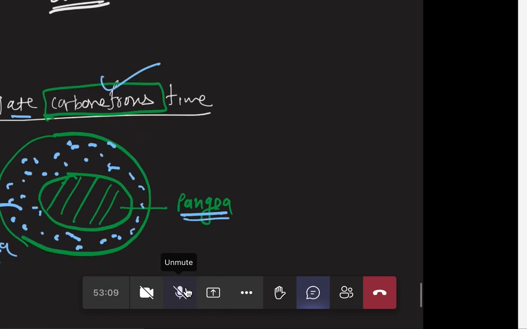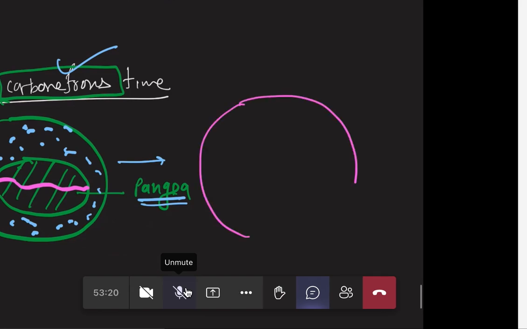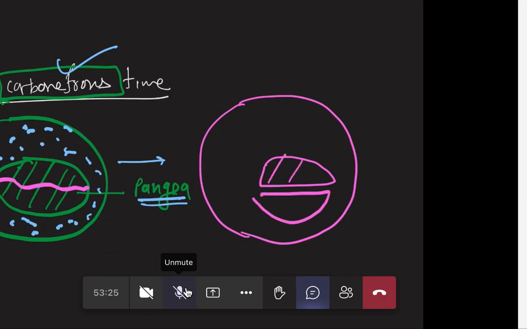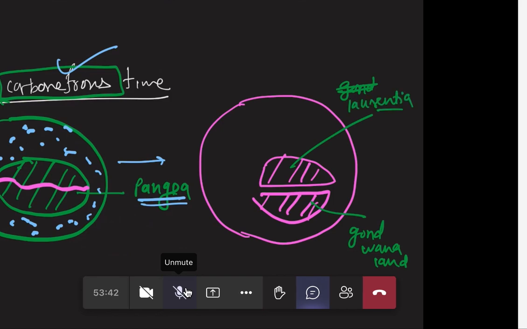Okay, but he says slowly this Pangaea broke down. This Pangaea broke into 2 parts. One part, he says, is Gondwana land, below, and one was Laurentia or Angara land.